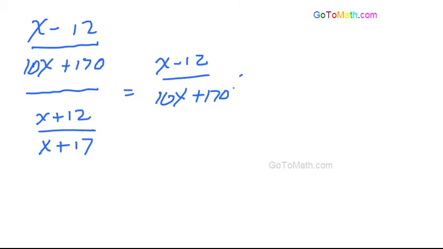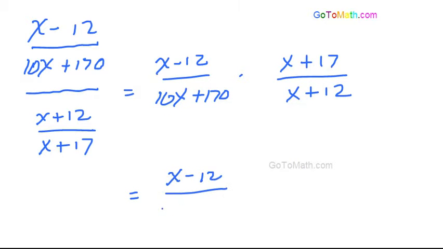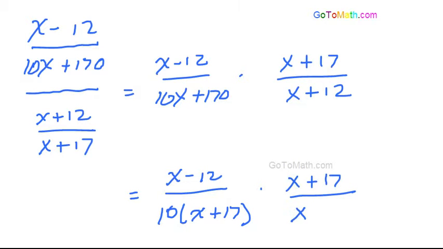Instead of writing divided, I'm going to write multiplication, and we're going to go ahead and flip those fractions. So we have x plus 17 over x plus 12. Now, it looks to me like we're going to be able to factor a 10 out of the bottom of that. So we're going to have x minus 12 over 10 times x plus 17 times x plus 17 over x plus 12.